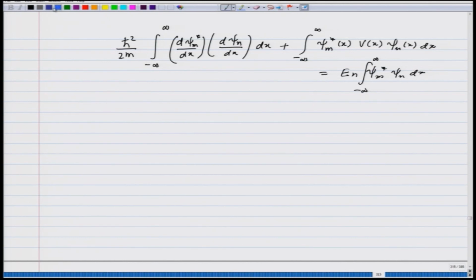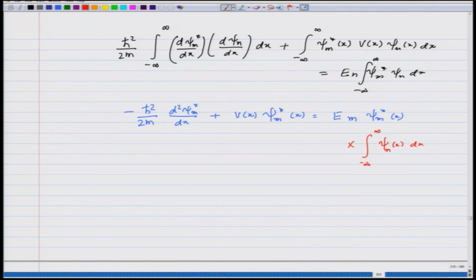Let me now write the equation for ψm*: minus ħ²/2m d²ψm*/dx² plus V(x) ψm*(x) equals Em ψm*(x). This I had written earlier. Now, what I am going to do is multiply it from the right side by ψn(x) and integrate from minus infinity to infinity dx.